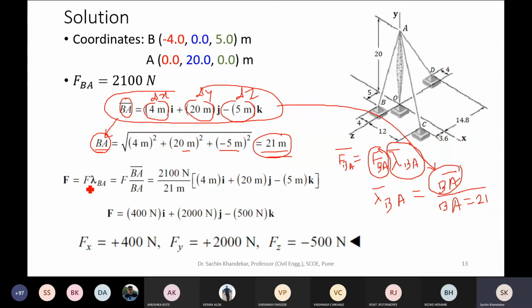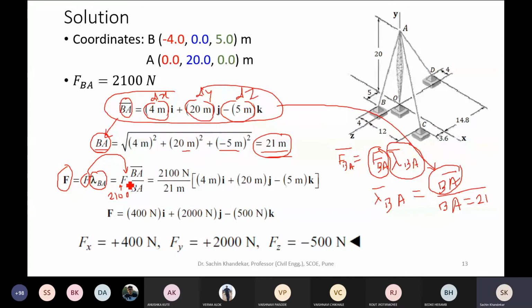So F is equal to, this is a vector, please note that, F into lambda BA. Of course, again this is also a vector, is equal to this F, whose magnitude is already known to us, please note that, which is 2100 Newton, into BA bar upon BA.